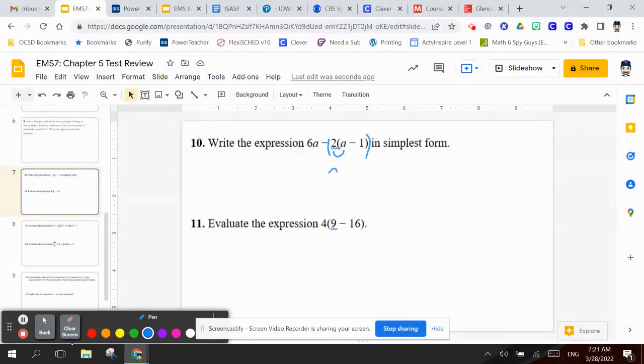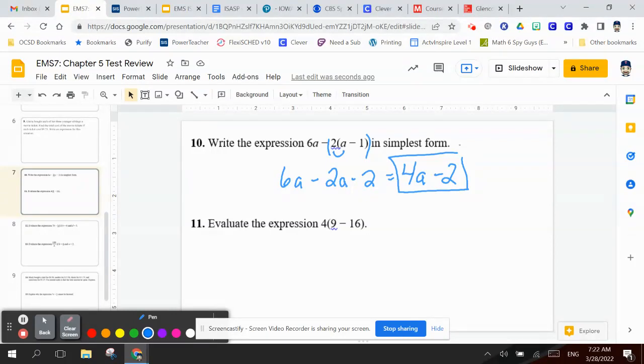So 2 times a is 2a. 2 times negative 1 is minus 2. And I want to subtract that from 6a because that's at the beginning. So if I have 6 a's and I take away 2, that means I have 4 a's left. And there's no other whole number, so that's minus 2. Always do the distributive property first.